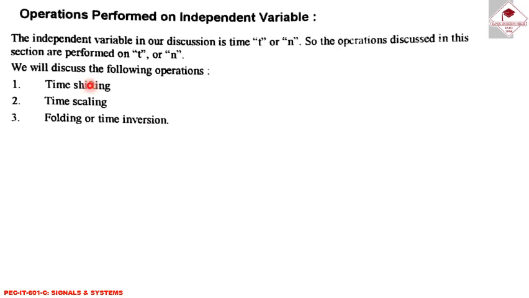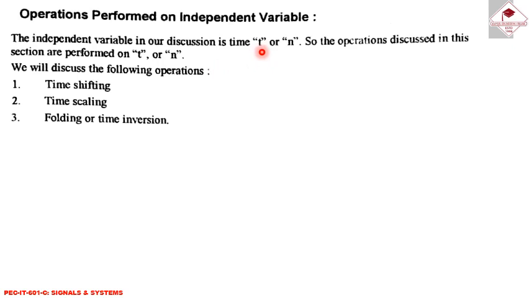Next, operations performed on the independent variable. The independent variable in our discussion is time t or n. So the operations discussed in this section are performed on t or n. If it is a continuous time signal, we represent the signal as x(t).